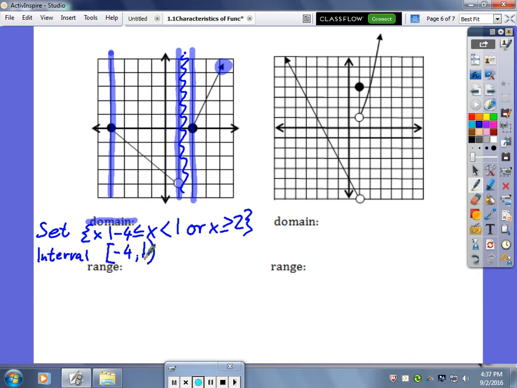And now we use a symbol that you know from geometry. It looks like a U, and it's the symbol that's used in logic for an inclusive OR. And the second part is, as we have been doing it so far, open brackets 2, comma, positive infinity, and parentheses.